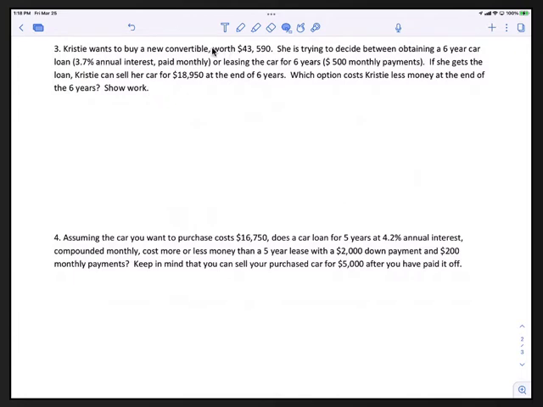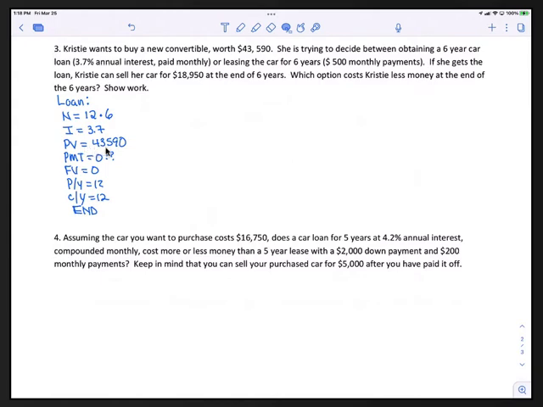All right, so we're going to calculate the loan, and we're going to put the information in for the TVM solver. And here's everything we need. We're paying 12 months a year for 6 years, so 12 times 6. The interest rate is 3.7.